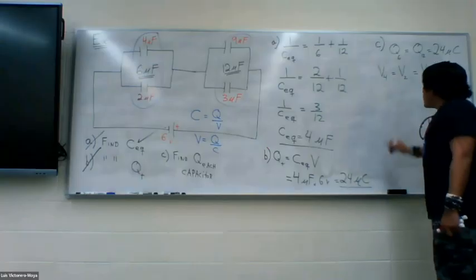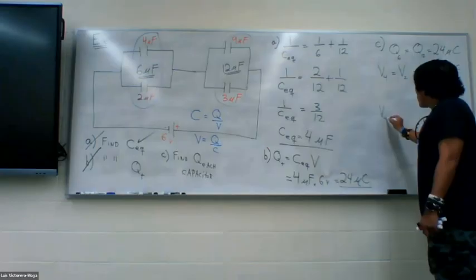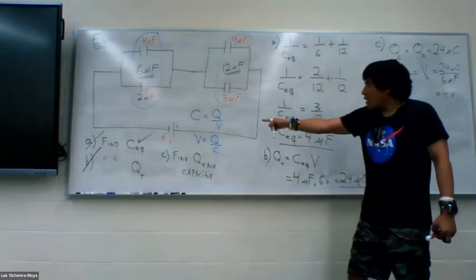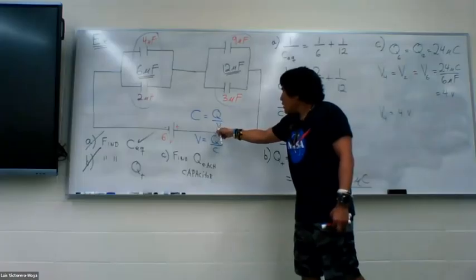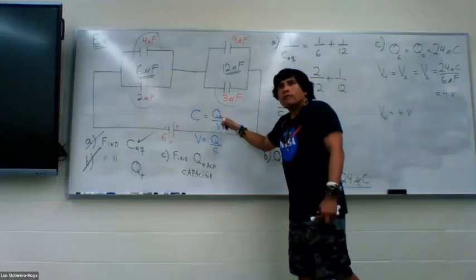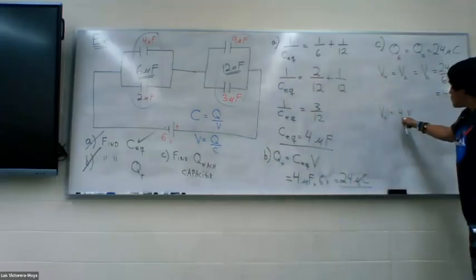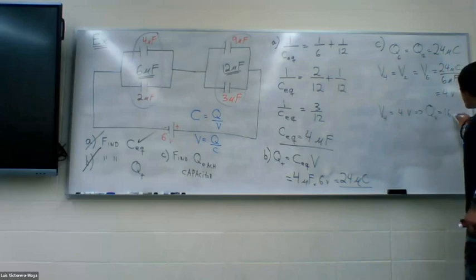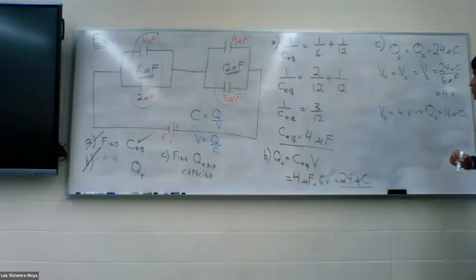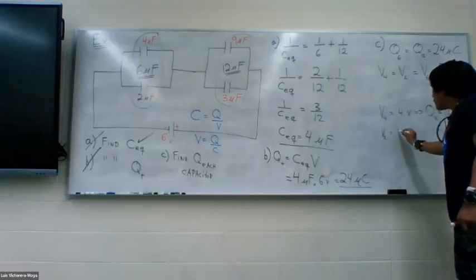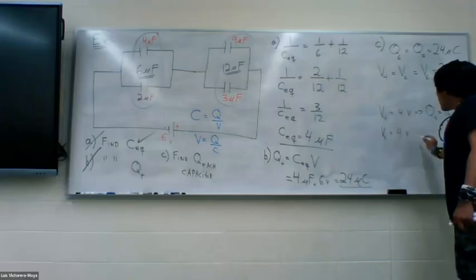So that means that the voltage on 4 is equal to 4 volts. By that equation here, the charge is equal to C times V. 4 times 4. Therefore, the charge on 4 is 16 microcoulombs. Similarly, the voltage on 2 is 4 volts.